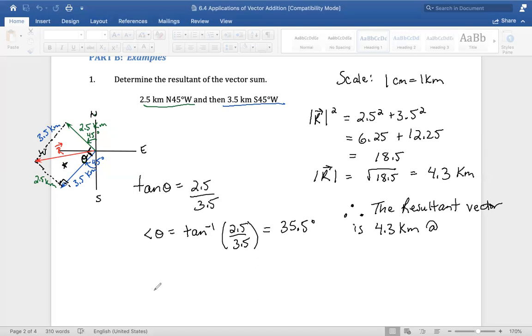So just off to the side here, just to explain that, right? I have my 45 degrees plus my 35.5 degrees. So that adds up to what? 80.5 degrees. But I have to say starting south and heading west. So the resultant vector is 4.3 kilometers at south 80.5 degrees west.